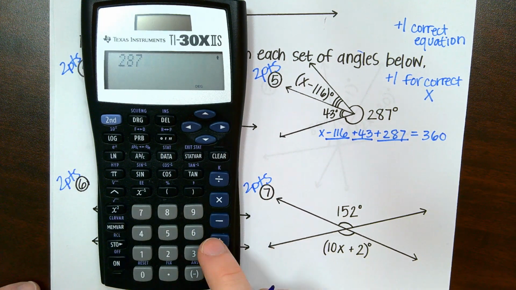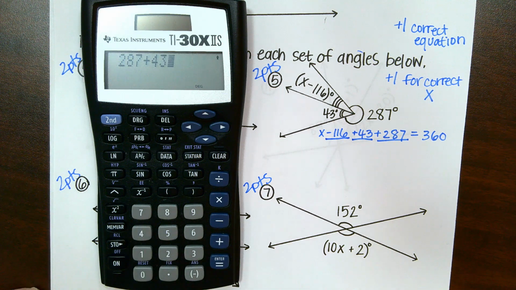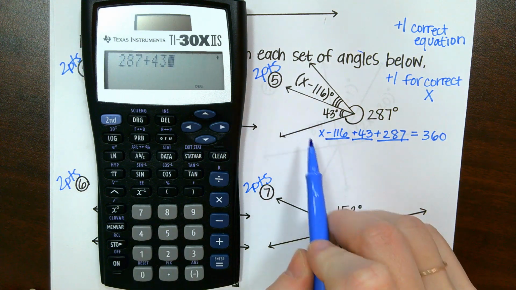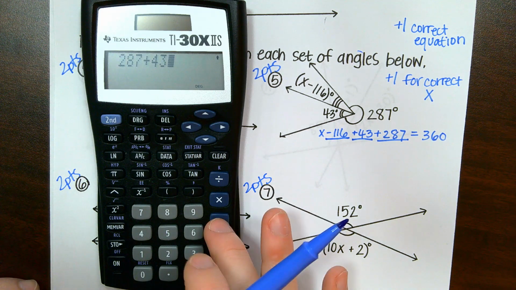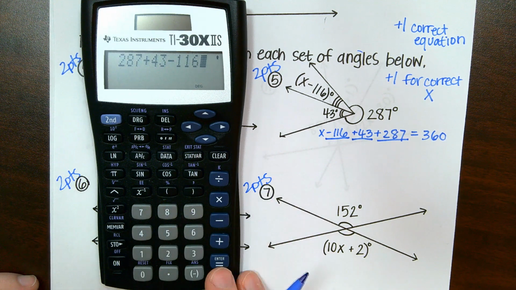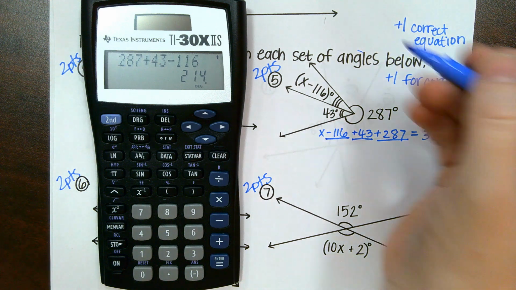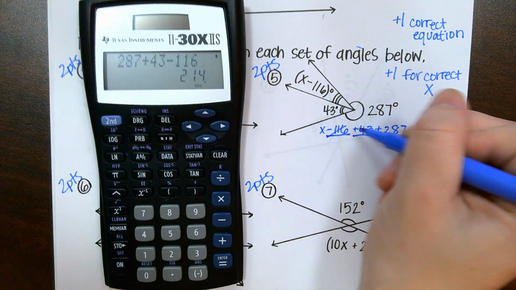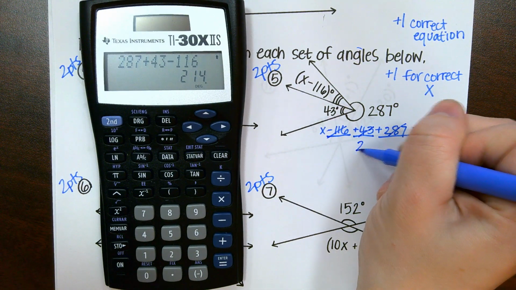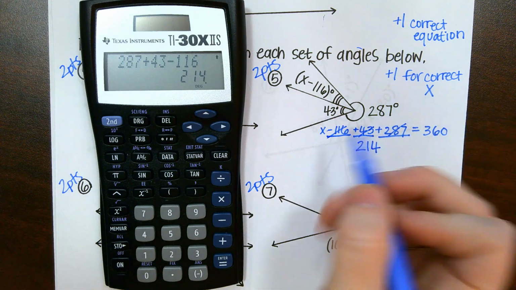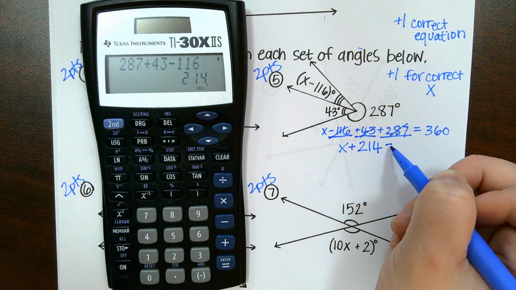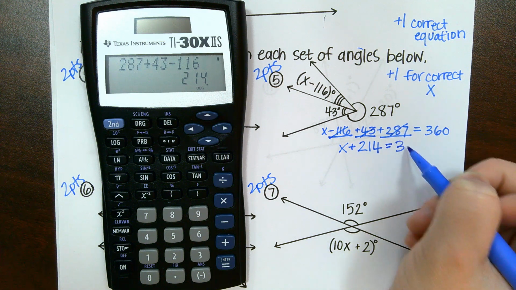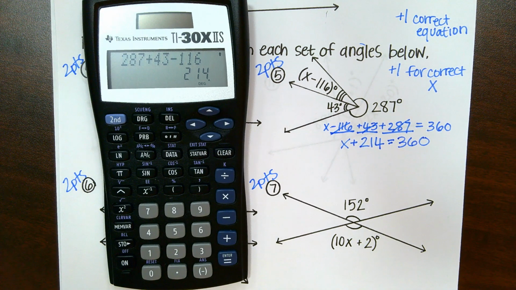287 plus 43 minus, because it's negative, minus 116. And that leaves me with 214. x plus 214 equals 360.